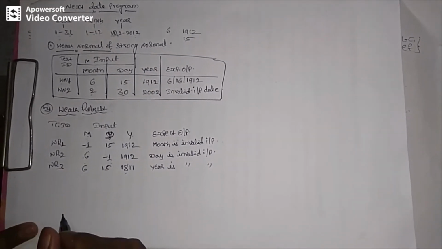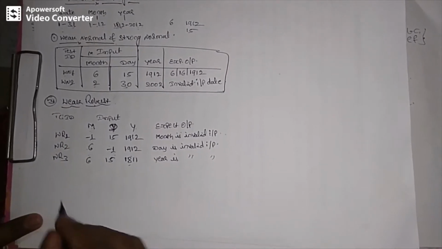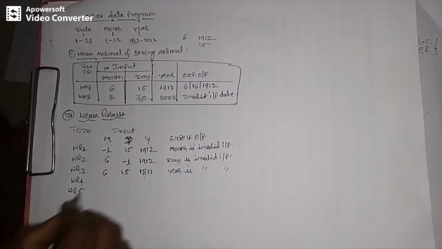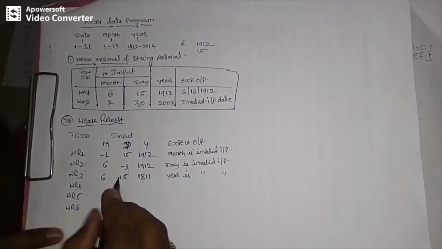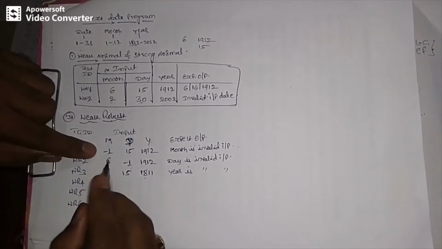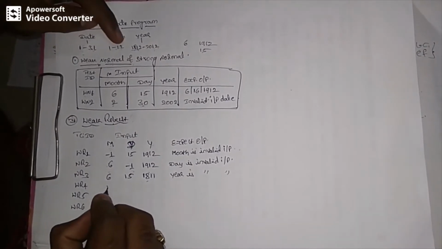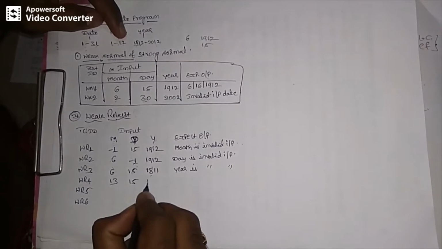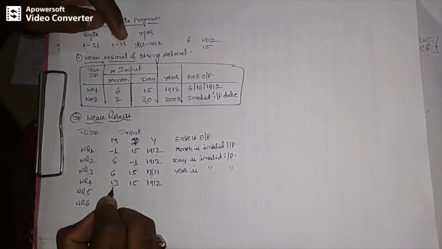Now I have covered one corner of the input domain range. Now I need to similarly do it for the upper corner. Upper corner means WR4, WR5, WR6. Month upper corner is 13, which becomes invalid. The other two inputs are nominal, this is a single fault assumption.